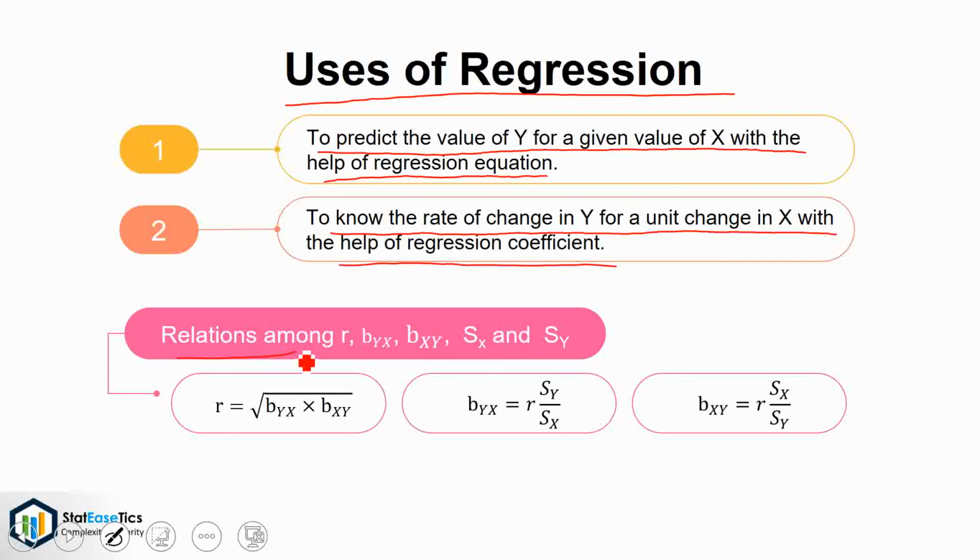The relations among small r, byx, bxy, sx and sy are as given. That is, r is equal to root of byx into bxy, and byx is equal to r into sy upon sx, and bxy is equal to r into sx upon sy.